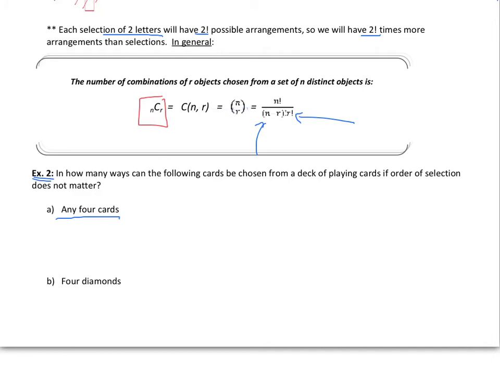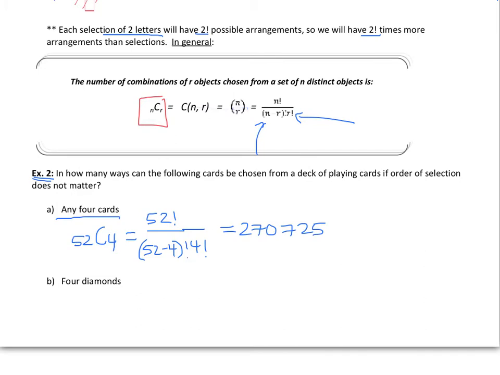So that would be 52 choose 4, which is equal to 52 factorial over (52 minus 4) factorial times 4 factorial. When I plug that into my calculator, I get 270,725.